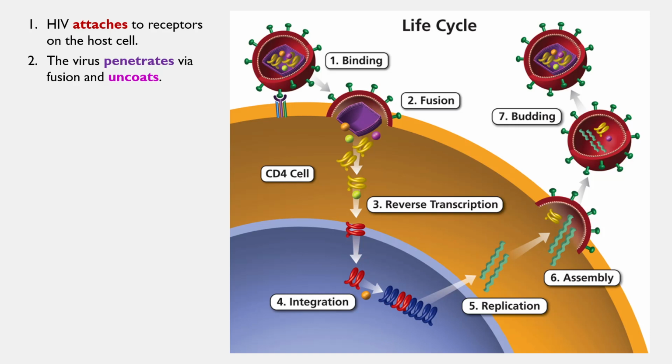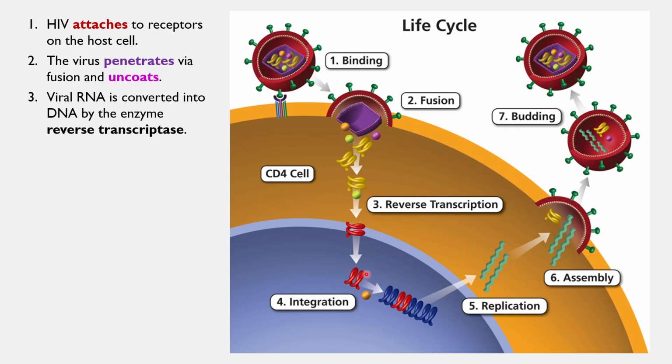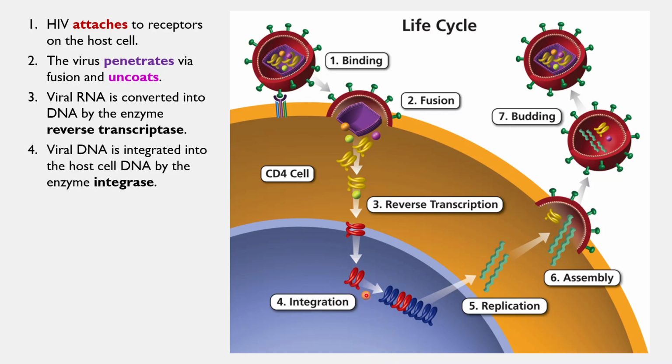That RNA will be picked up by the reverse transcriptase enzyme and converted into DNA. After that, the DNA enters the nucleus, and another viral enzyme called integrase will cause that DNA to become integrated into the human chromosome.